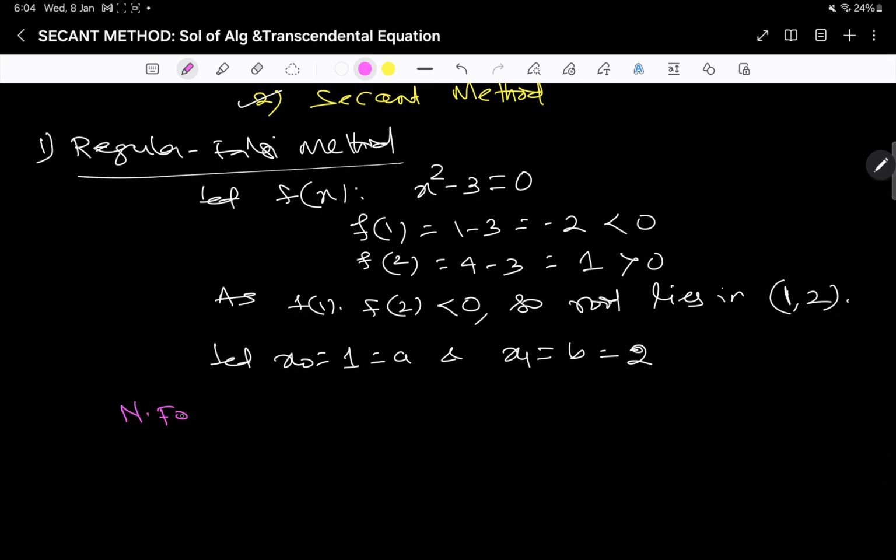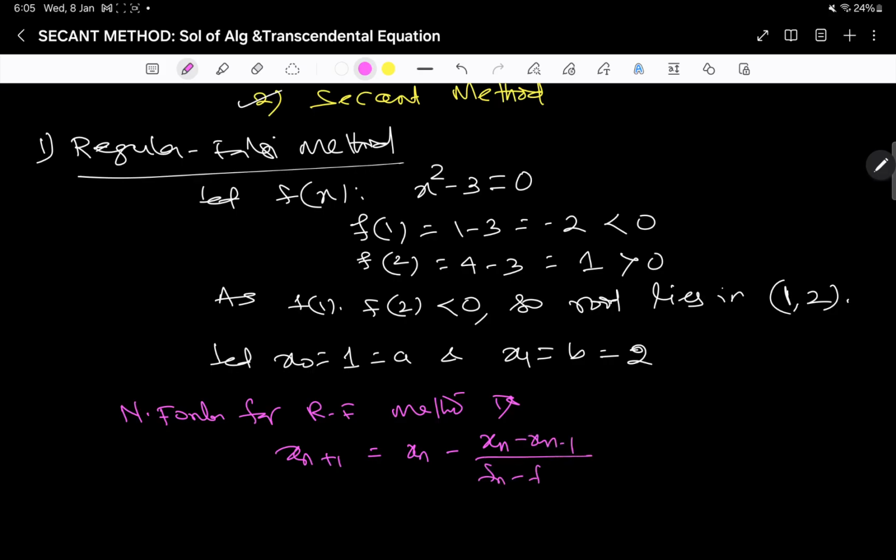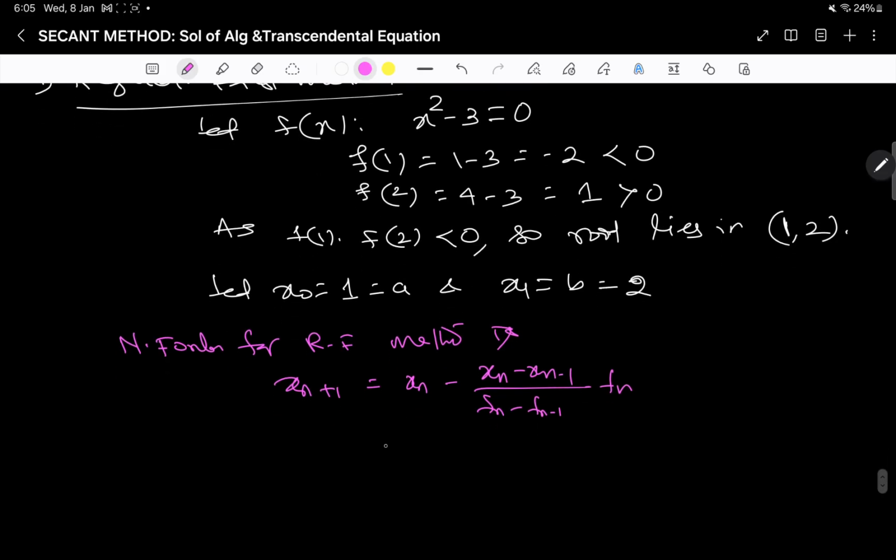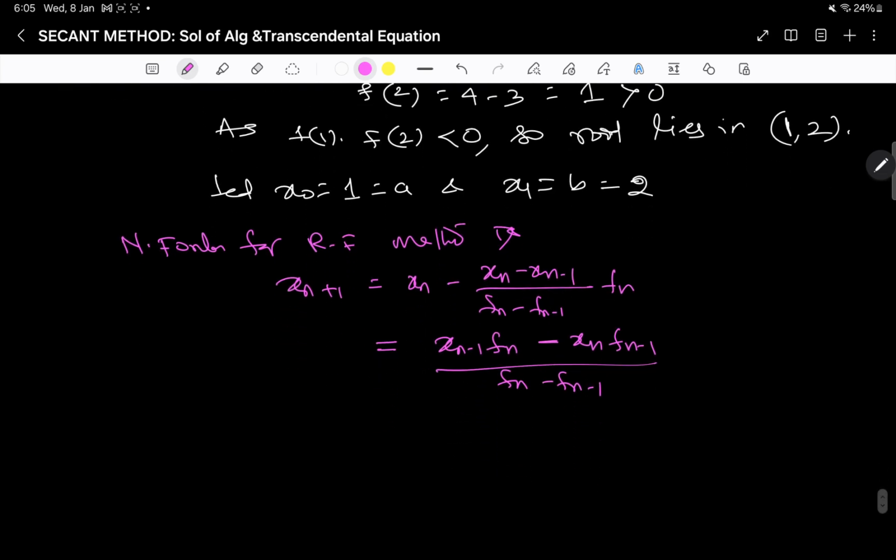The necessary formula for the regula falsi method is x(n+1) = xn minus 1 by f(n) minus f(n-1) into f(n), or if you simplify it, it will give you x(n-1) f(n) minus xn f(n-1) divided by f(n) minus f(n-1), or we may write it as (a f(b) minus b f(a)) by (f(b) minus f(a)).